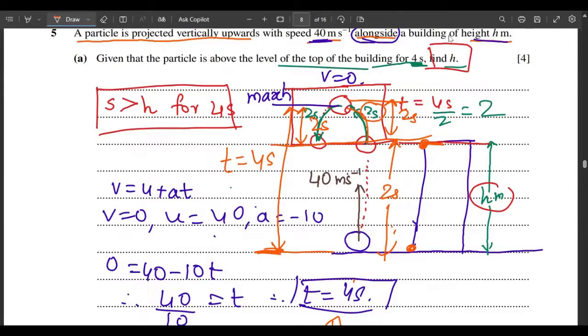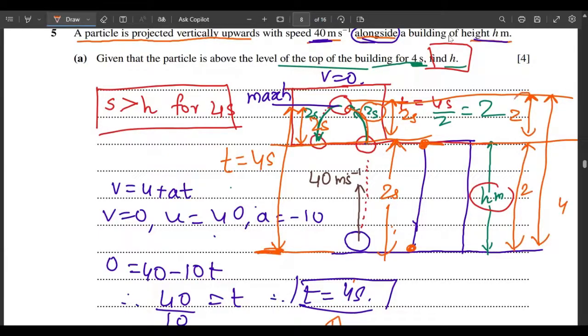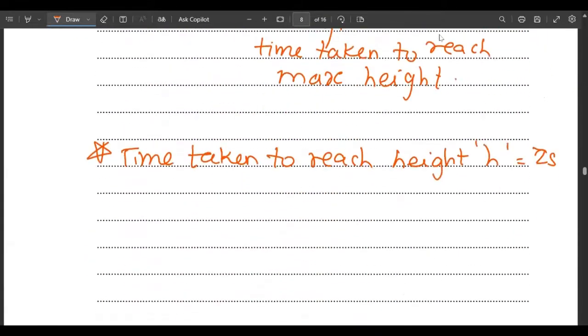So hence, by mathematical calculation, if this entire thing is 4 and if this much is 2, we can find that time taken for this much will also be 2. Why? Because this entire thing should add up to be 4, right? So hence the time taken for the ball to reach from height equals 0, that is here, to h will be 2 seconds. And now we'll go forward. Time taken to reach height h is 2 seconds.